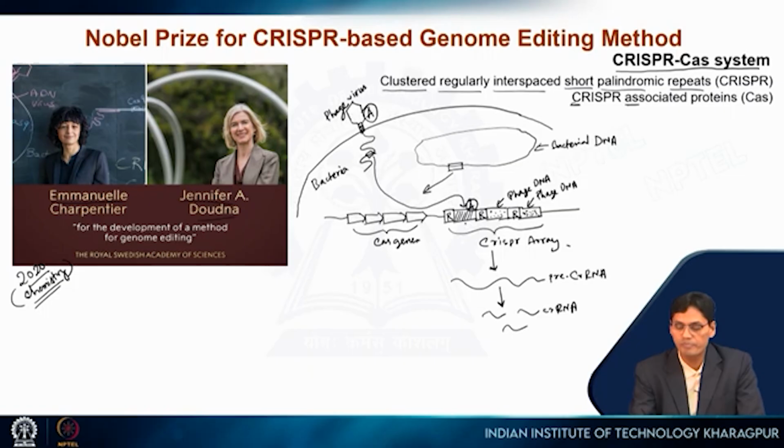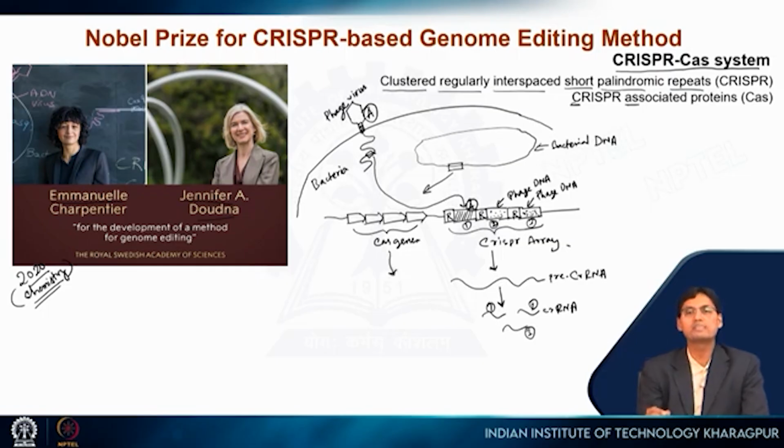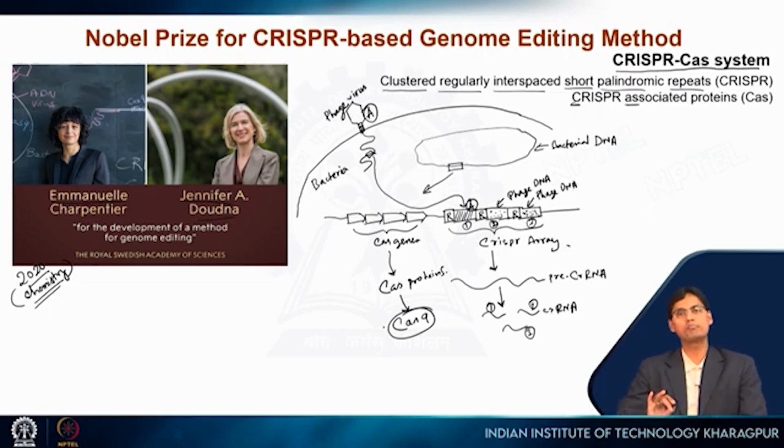Because you are getting one, two, three, for example, from this portion. And Cas genes, after transcription and translation, will make Cas proteins. Cas9 is one of those important proteins. Cas1, Cas2 are also very important, but Cas9 is very important.